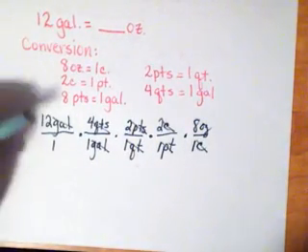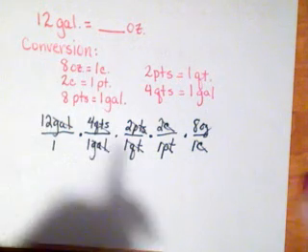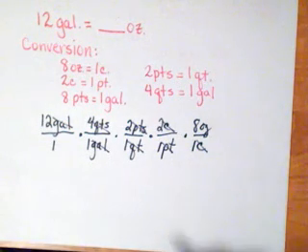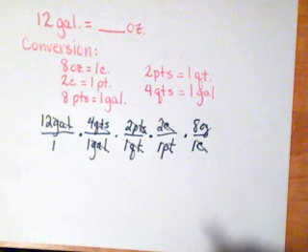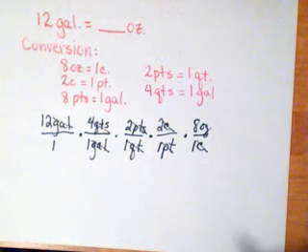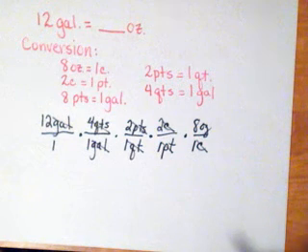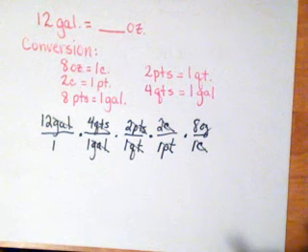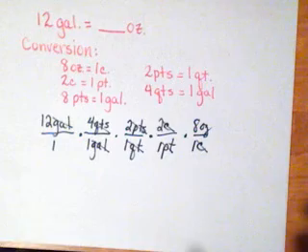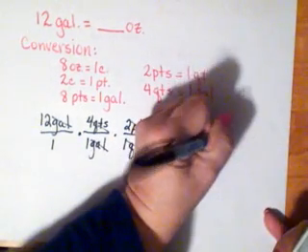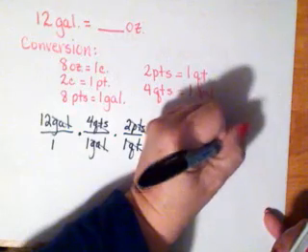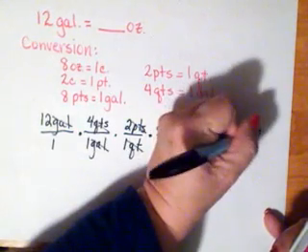So to do this one, I'm going to end up doing 12 times 4 times 2 times 2 times 8, which would give me 1,536 ounces.